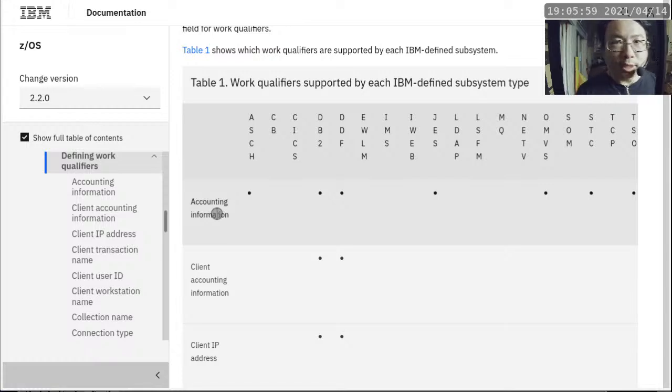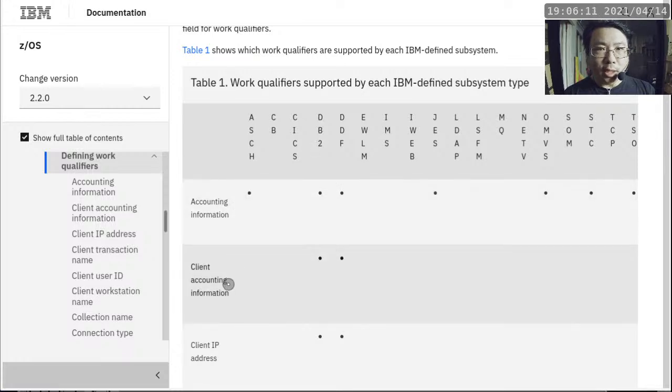So to read this, if the subsystem is DB2, we can get accounting information, client accounting information, the client IP address, and so on.